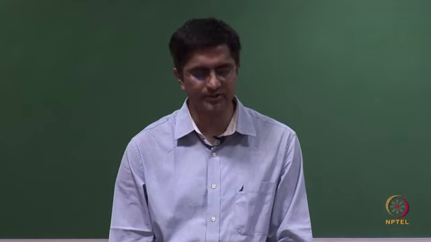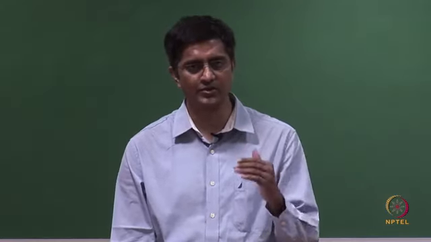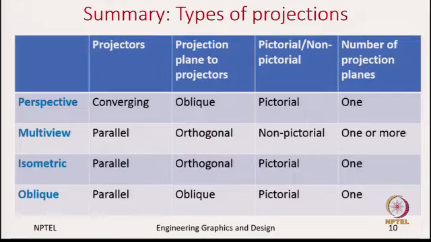Finally, in a table let us look at how these 4 projections are different from each other. On the rows we have the perspective, multi-view, isometric and oblique projections. First, based on the projectors, we know that the perspectives are all converging, whereas the other 3, the multi-view, isometric and oblique, are all parallel. Now, the second category is how the projection plane is with respect to the projectors.